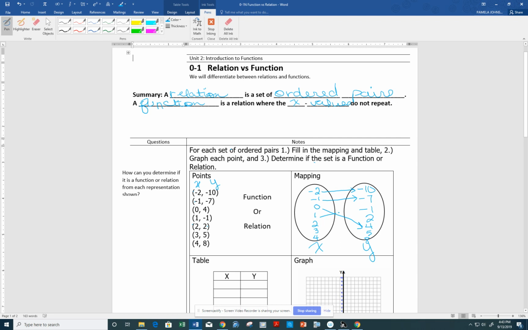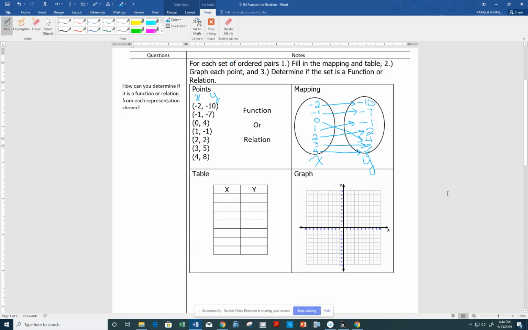The 1 is going to go to the -1. The 2 is going to go to the 2. 3 to 5, and 4 to 8. Now, ideally, all of my Y values would have stayed in the oval. But, you know, Ms. Johnson doesn't always write very small, okay?